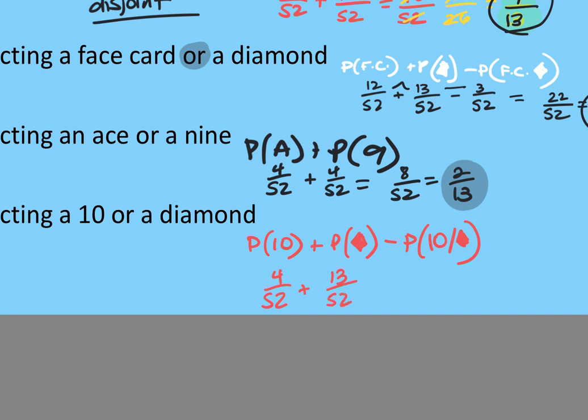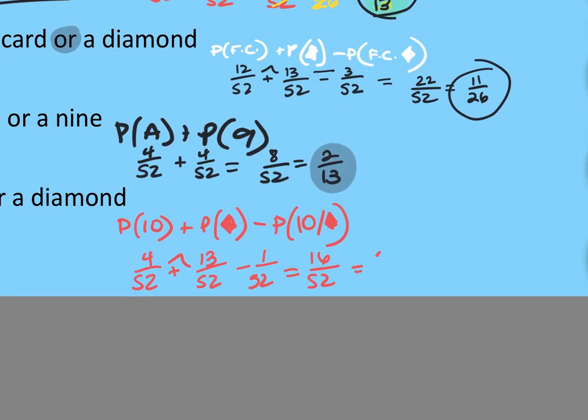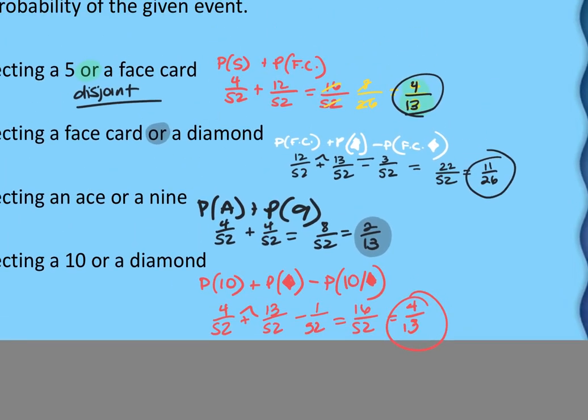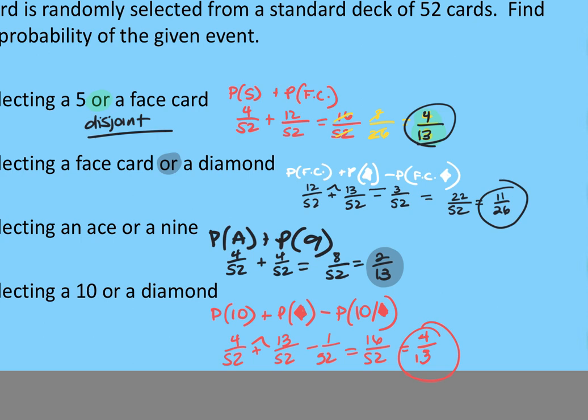Good. And the diamond 10? 1 out of 52. Good. So this is 17 minus 1, 16 over 52, or 4 13ths. Yep. Because when it's overlapping, you have to subtract the possibility that it's both. So overlapping means that it could be both. Correct.